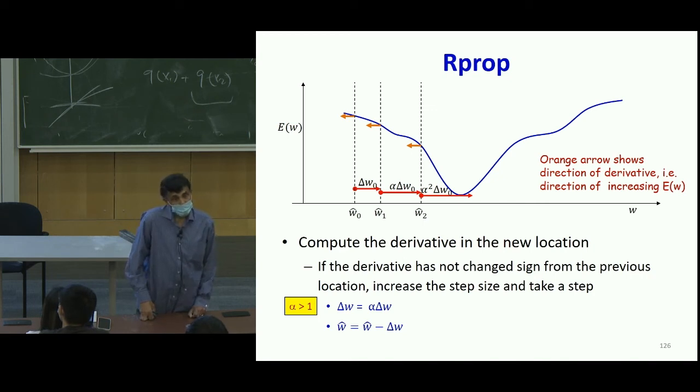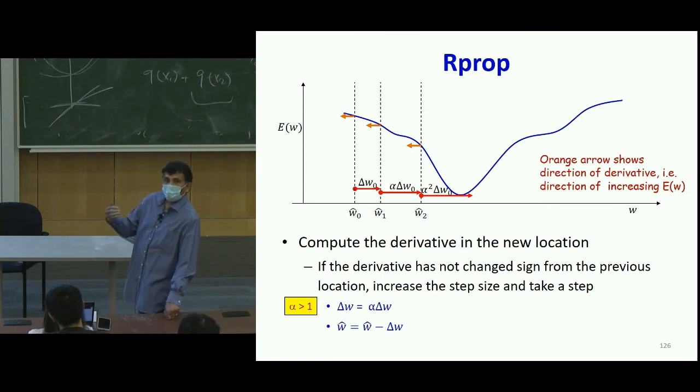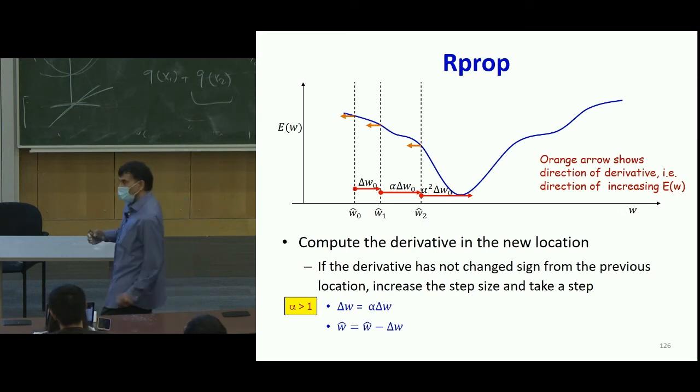You want to increase the step size again, right? So every time the sign of the derivative after the step is the same as the sign of the derivative before the step, you're going to multiply your step size by some term alpha, which is greater than 1, because you're taking a larger step size, right?